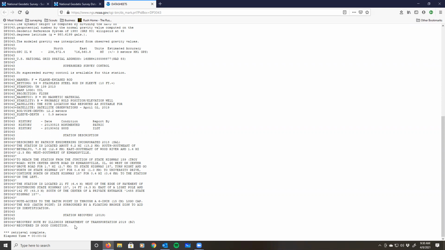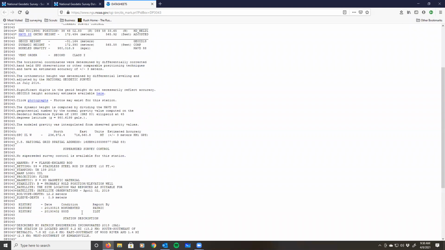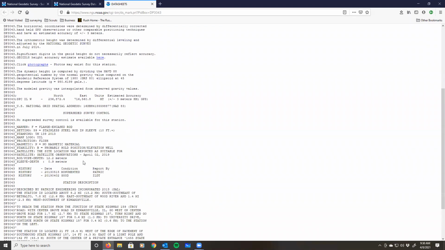It was recovered in 2019 by the Illinois Department of Transportation and recovered in good condition. It's described as a flange encased stainless steel rod in a sleeve.